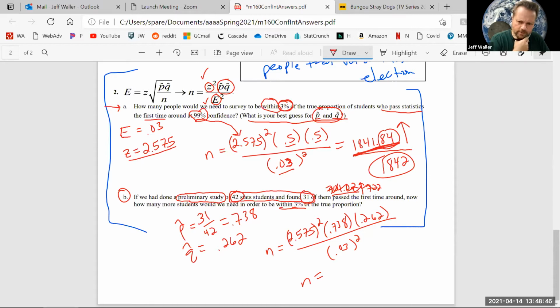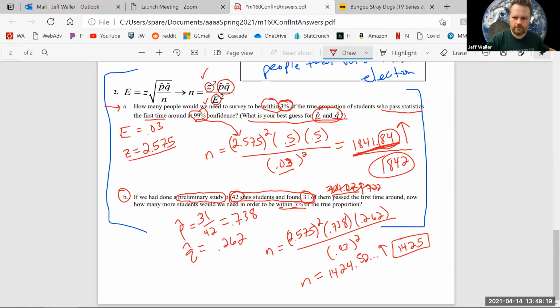All right, so the correct answer is 1424.5 and so on. So round it up to 1425. Oh, that was the answer I said. It's not what it sounded like, but okay, if that's what you got, good.